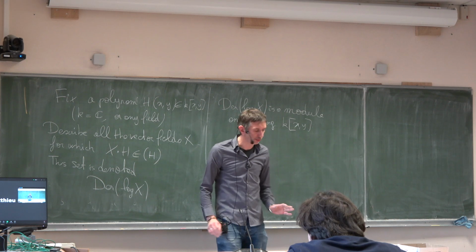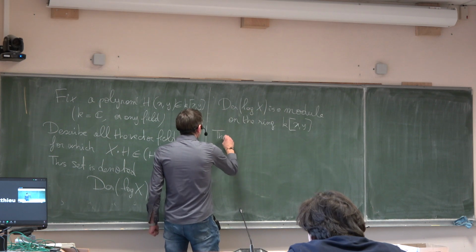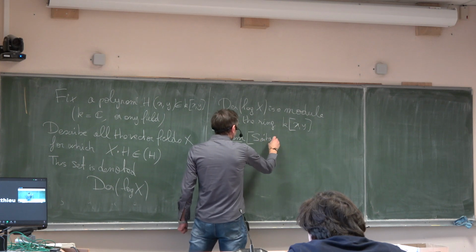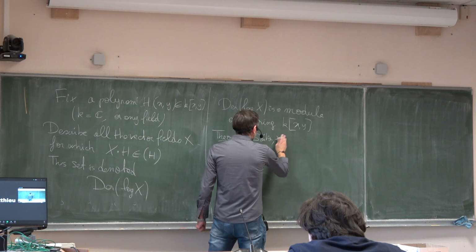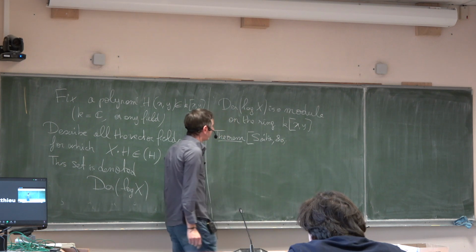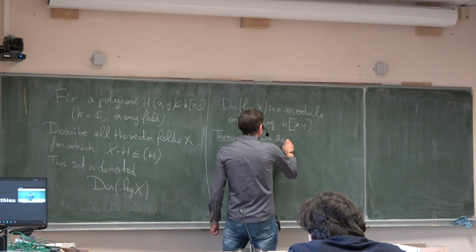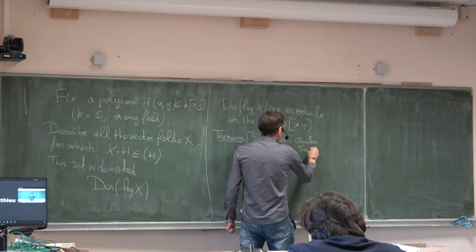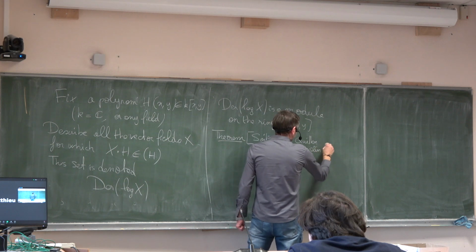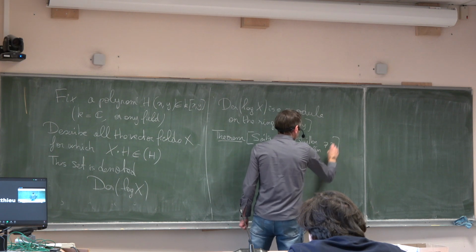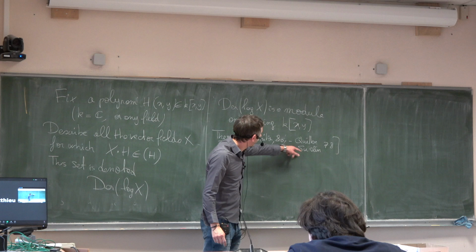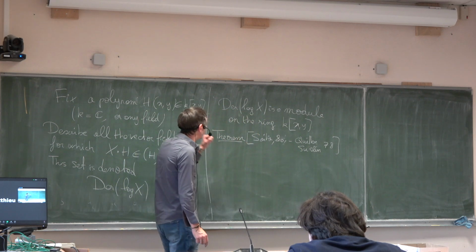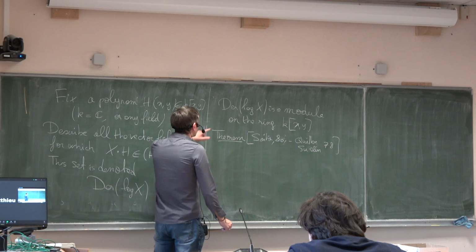This is a mix of some results due to Saito, I think in the 80s, and a very hard result of Quillen and Suslin in '78, I think, for which one of the two obtained the Fields medal. Okay, the theorem is the following. This module is free.